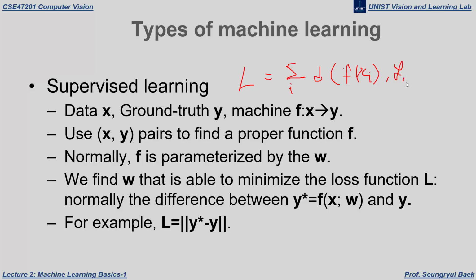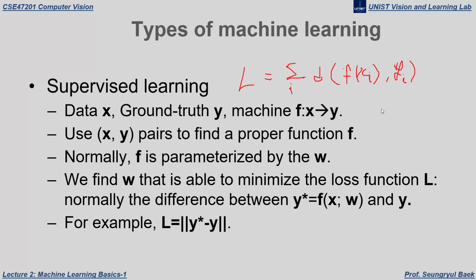This is y, sorry. Okay, this is y. So this d function means the distance between the system F's output and the ground truth y. So this is actually the definition of the loss function L.